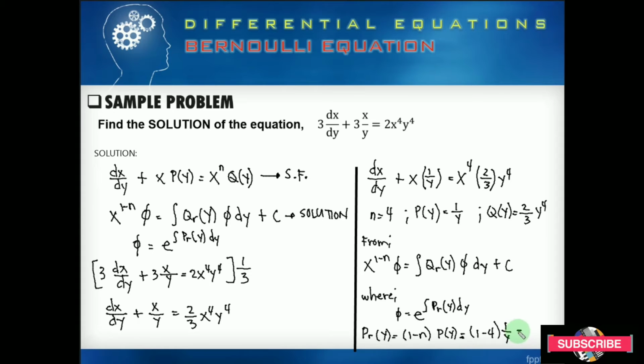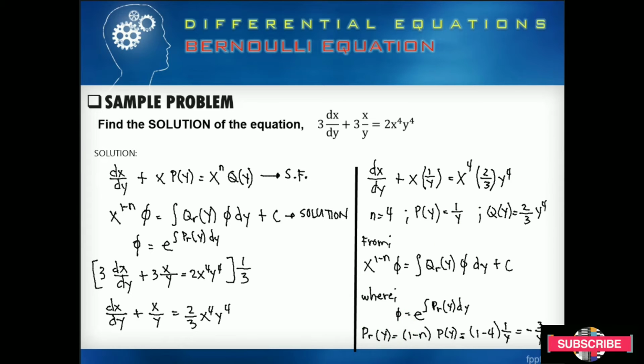So this is just equal now to negative 3 over your y, okay? So meron na tayo nitong p subscript r as a function of your y. Okay, so isulat muna natin itong solution natin, meron naman tayo dito, so diretso na tayo.